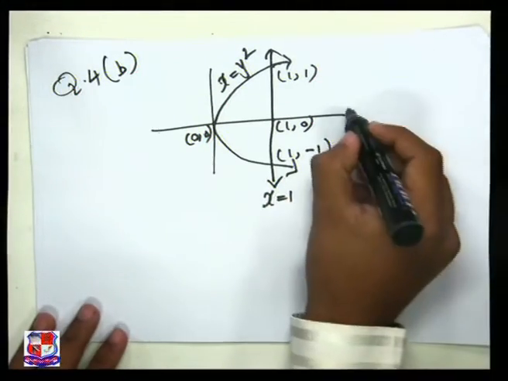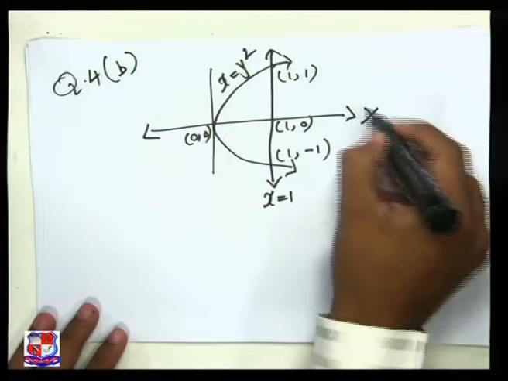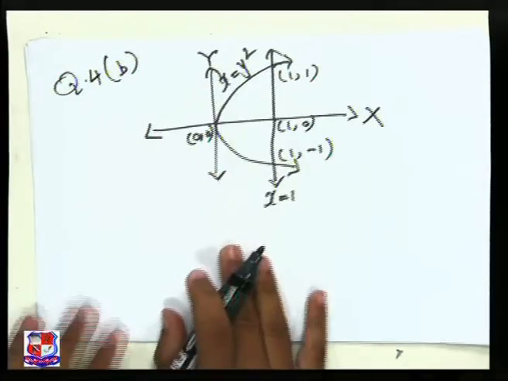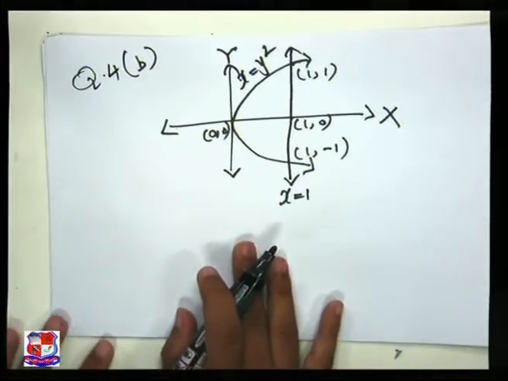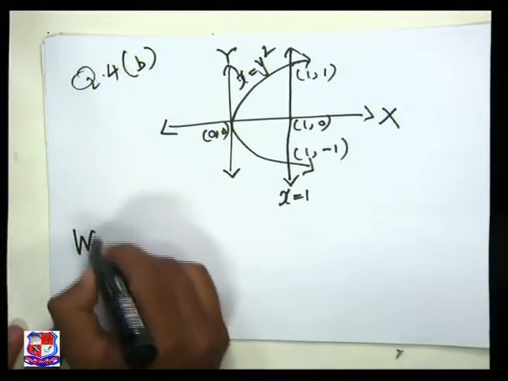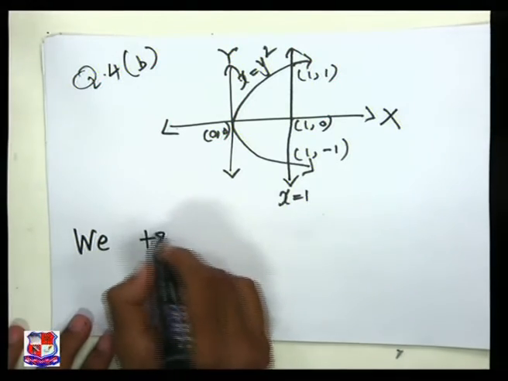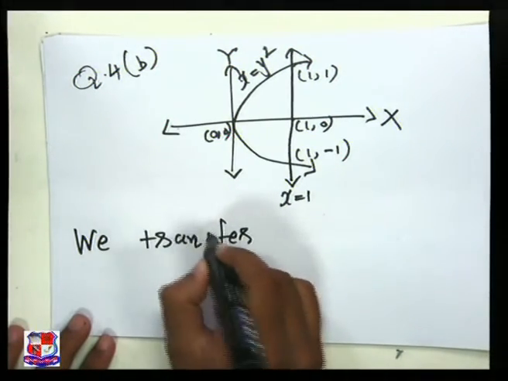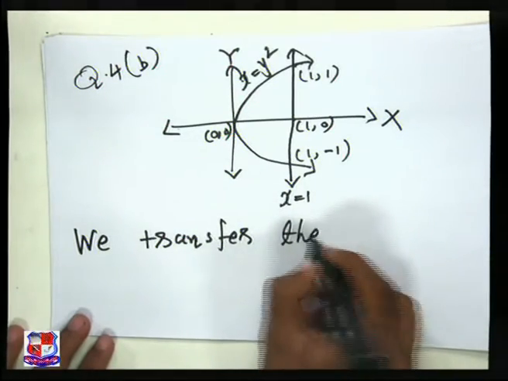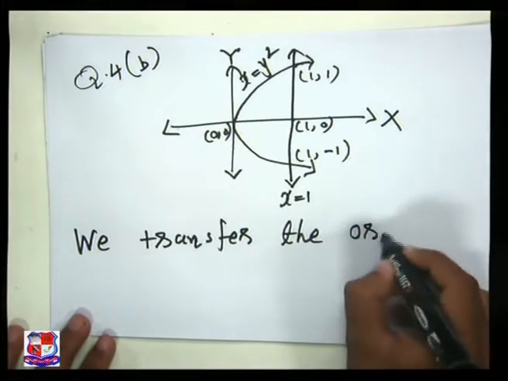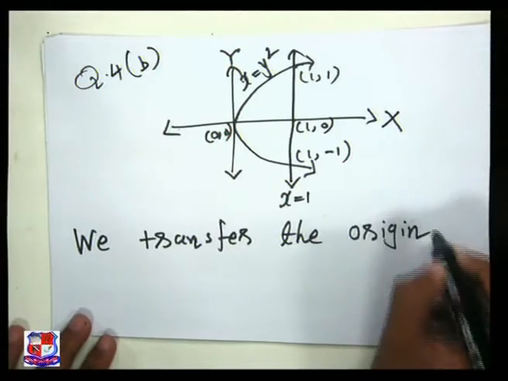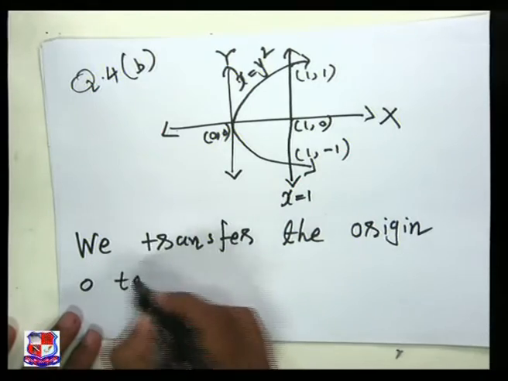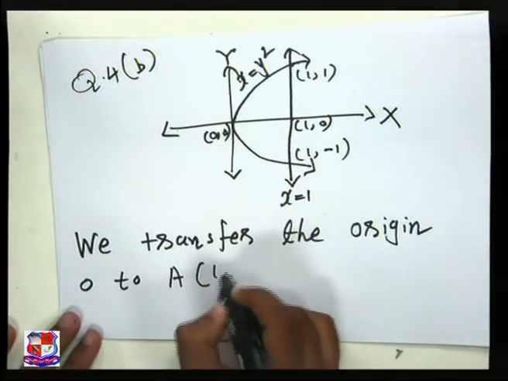Now this is the x axis and this is the y axis. Now we transfer the origin. To find the volume, we transfer the origin O to (1, 0).